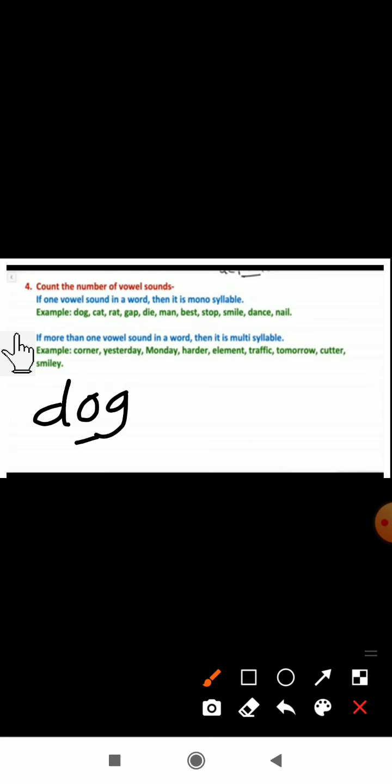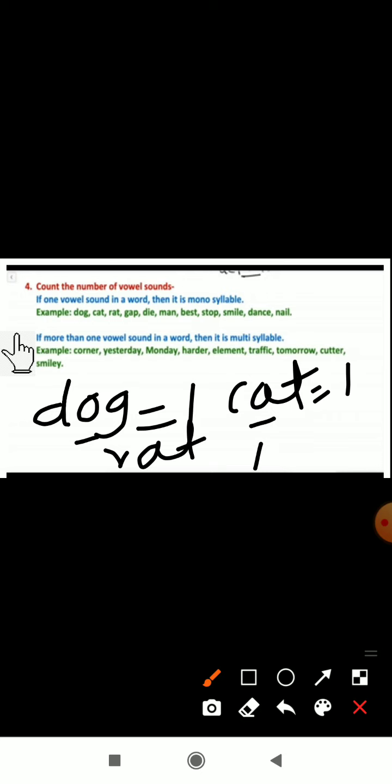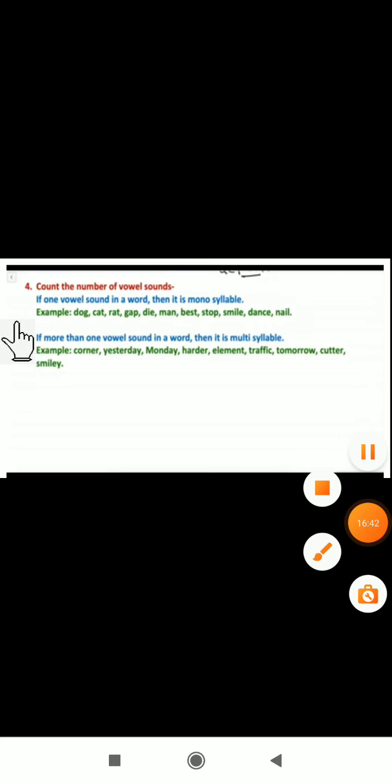No. So here only one syllable. So it is called monosyllable. Like cat. Find out the vowel, one. So it is also one syllable. Rat. See here A, one. Got it?